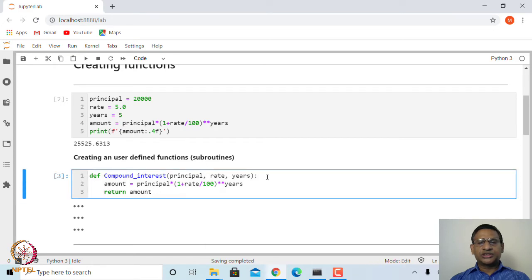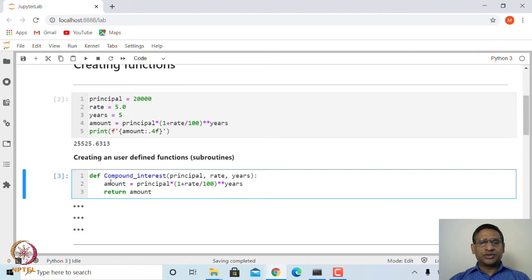One of the important things you should notice here, there is a colon here, and whatever comes after this colon, these two lines which are part of the body of the function, are indented. So, indentation is very important in Python.